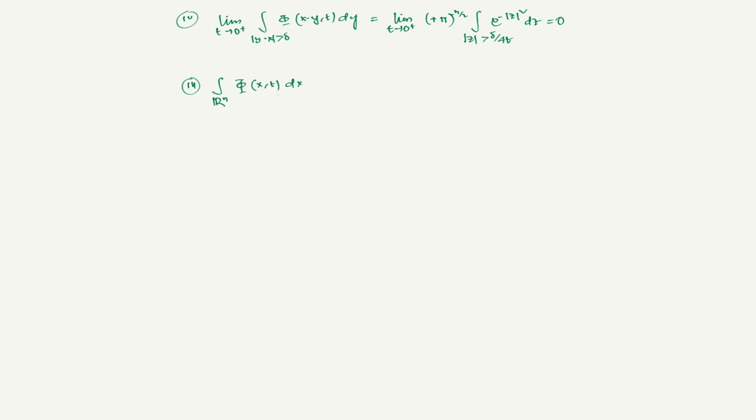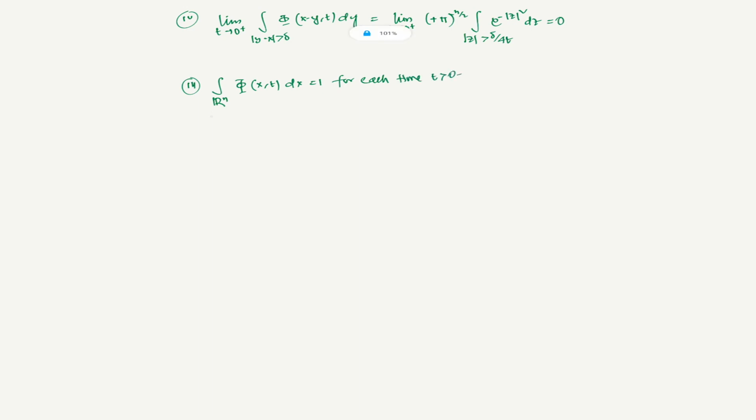This is the fundamental solution. What the third property says is that the integral over Rn of phi of x, t, or phi of x minus y, t, whatever you want to write, that's not a problem, you can use a change of variable, phi of x, t dx, is going to be 1 for each positive time t.